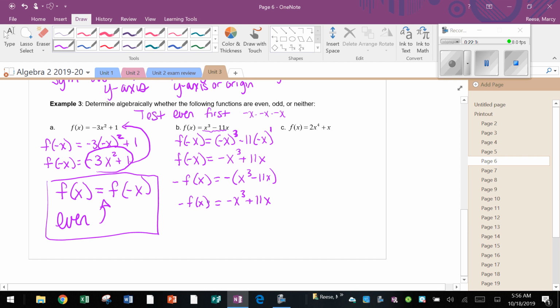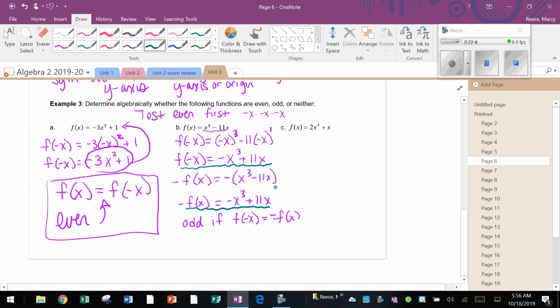Okay? Now, remember, above, it's odd if f of negative x is equal to negative f of x, right? So take a look. Here is my f of negative x, and here is my negative f of x.